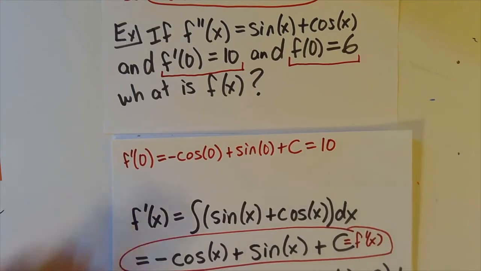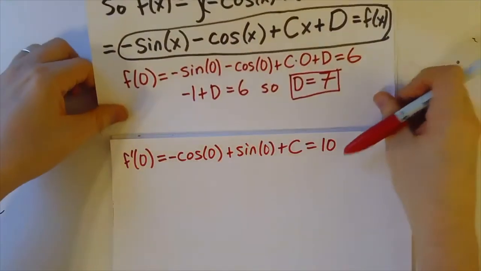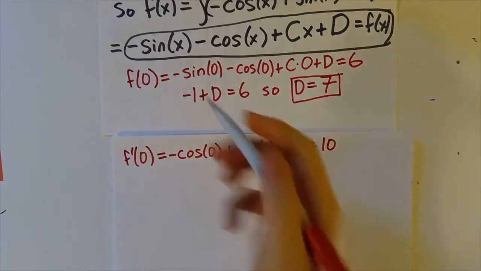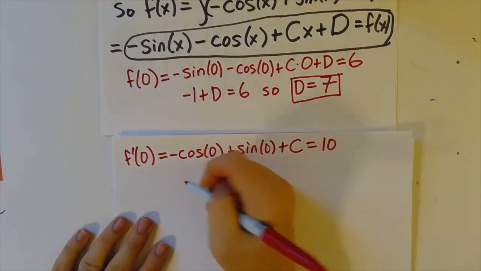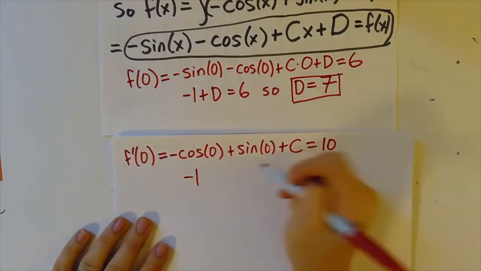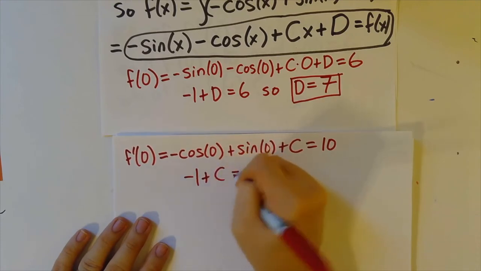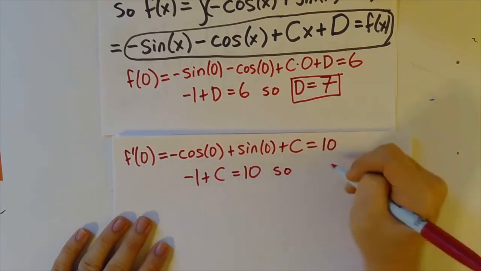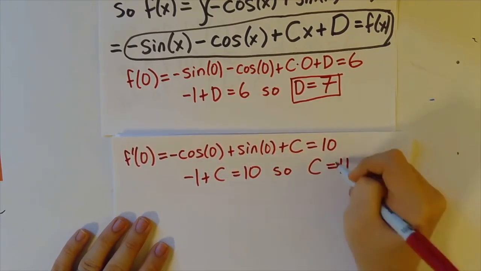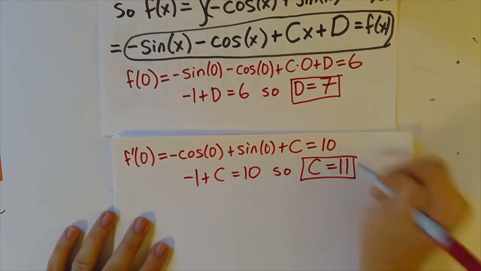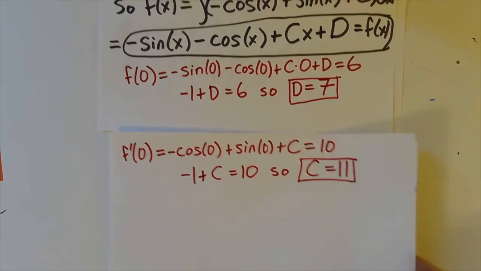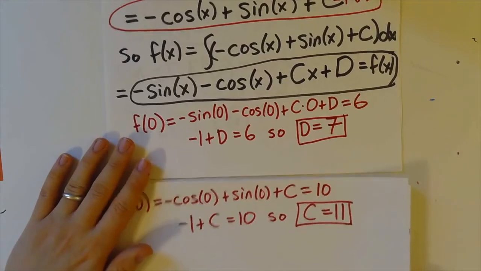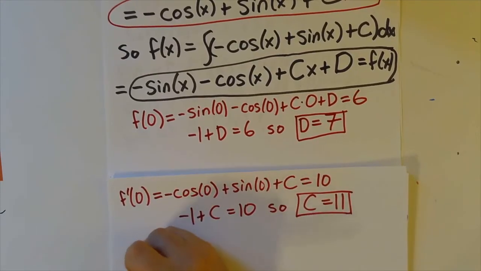Okay, so now I can put that up there. So writing this down, that is to say minus 1 plus 0 plus c is 10. So c is 11. Okay, so c is 11, d is 7 in this formula for f of x.